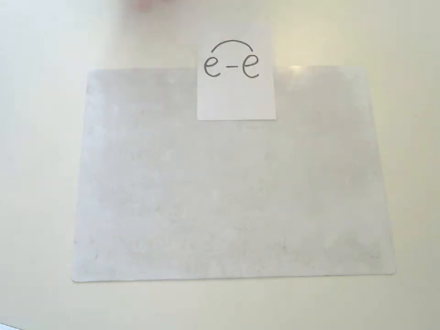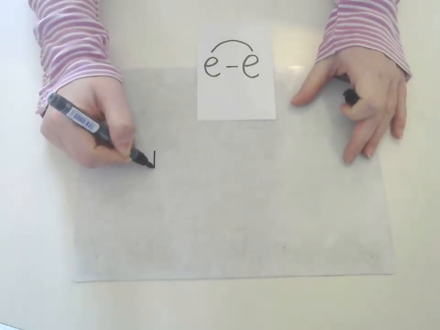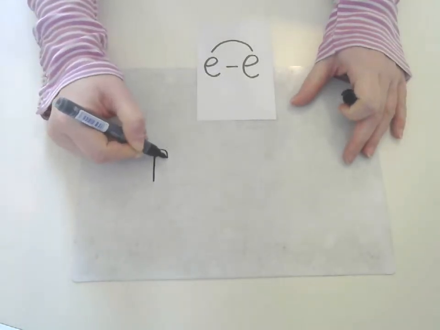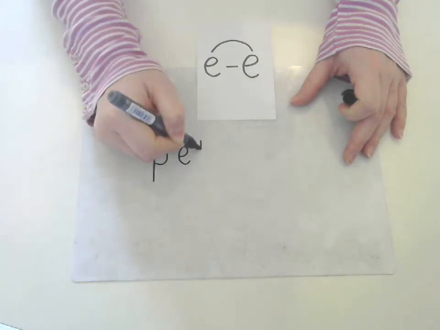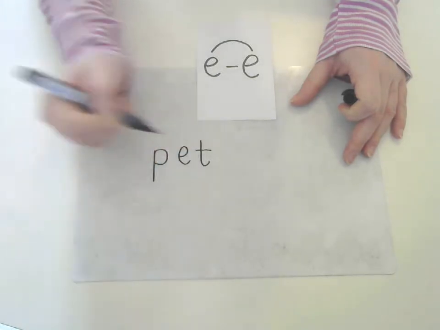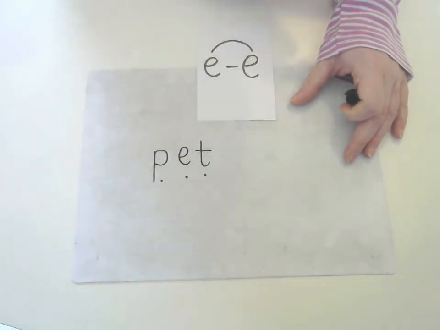So again, let me go over, like I did in the last session, as to what I mean. So if we start with looking at this word, when we read this word, we read it as pet, pet.